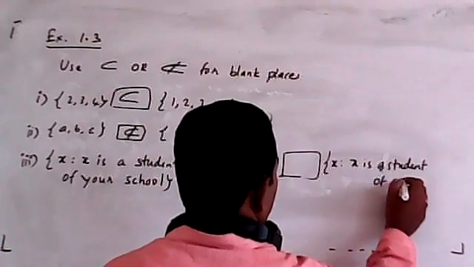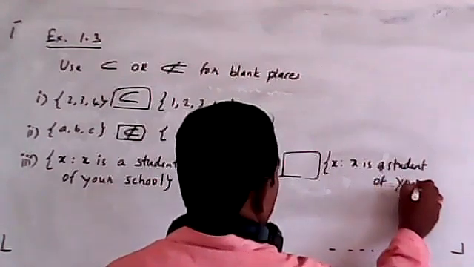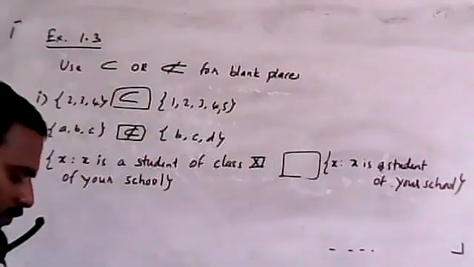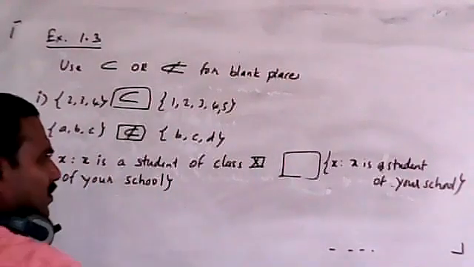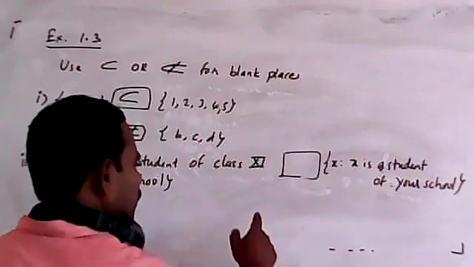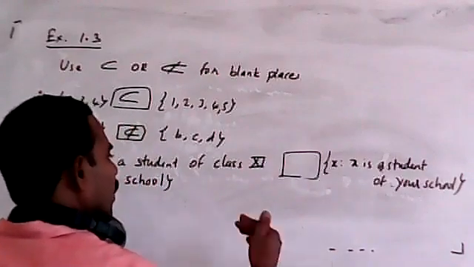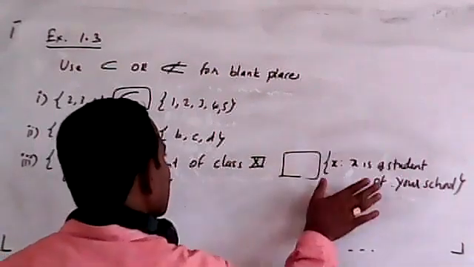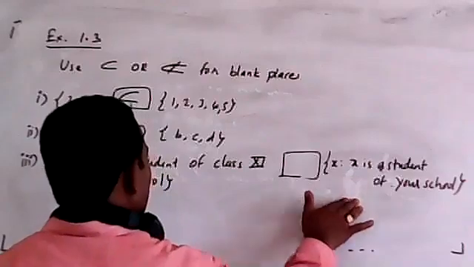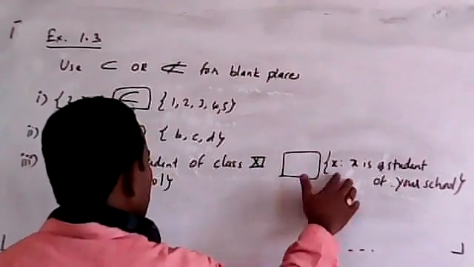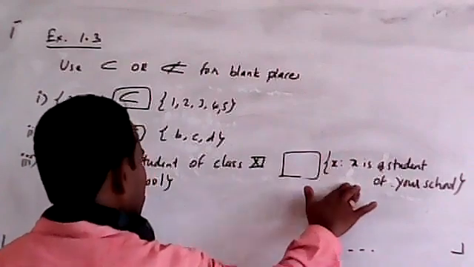Now, x means any student. If you take x as a student in your school, anybody may come into the place of x, so all students are covered: might be from 11th standard, 12th standard, 10th, whomsoever he might be.